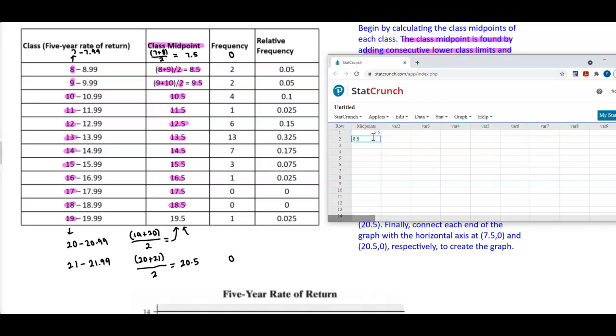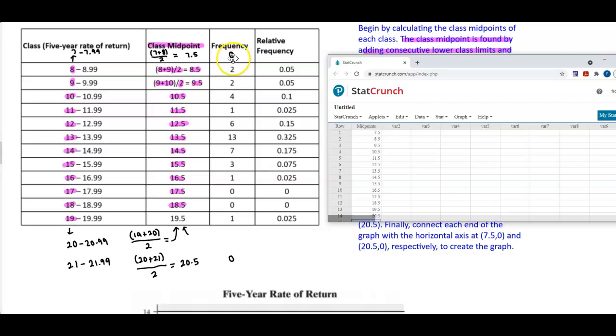And then we're going to put in 8.5, and then go all the way down to 20.5. So we have 8.5, 9.5, 10.5, and if you notice, I'm going all the way down to 20.5 because we want to make sure that we put in both the ends, okay?